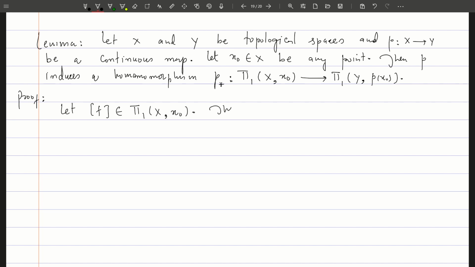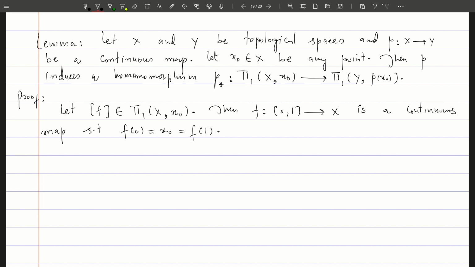So then this f is a map from the interval 0 1 to X, a continuous map, such that f of 0 is x naught, which is the same as f of 1.